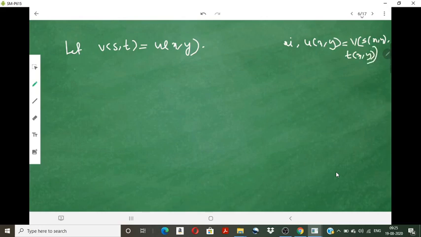Now applying the chain rule, we can write u_x as v_s into s_x plus v_t into t_x.